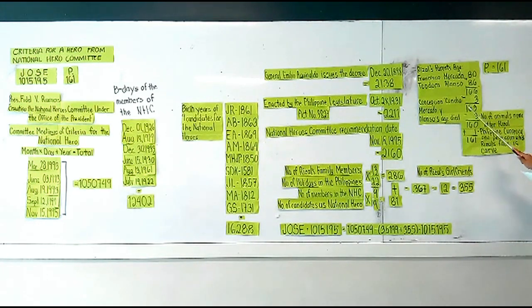And probably because of their 1-year age difference, and the 3 animals that were named after him: Apogonia rizali, a type of small beetle; Draco rizali, which is a species of flying dragon or lizard; and Rhacophorus rizali, which is a species of toad.